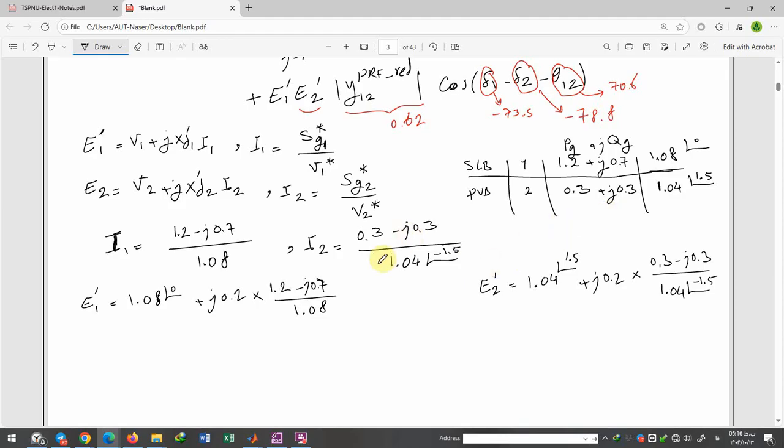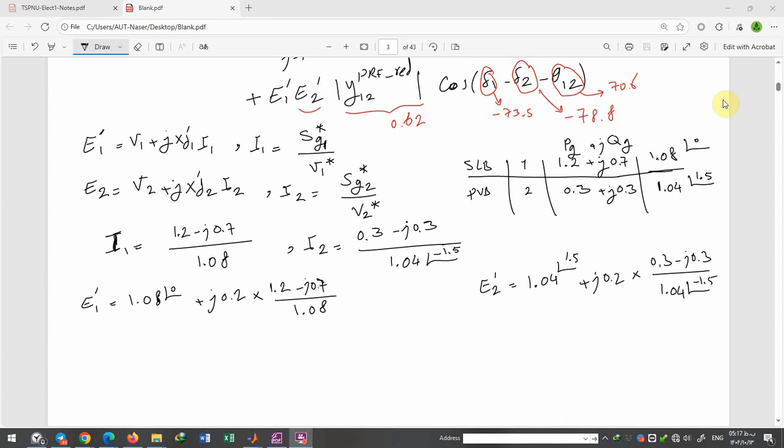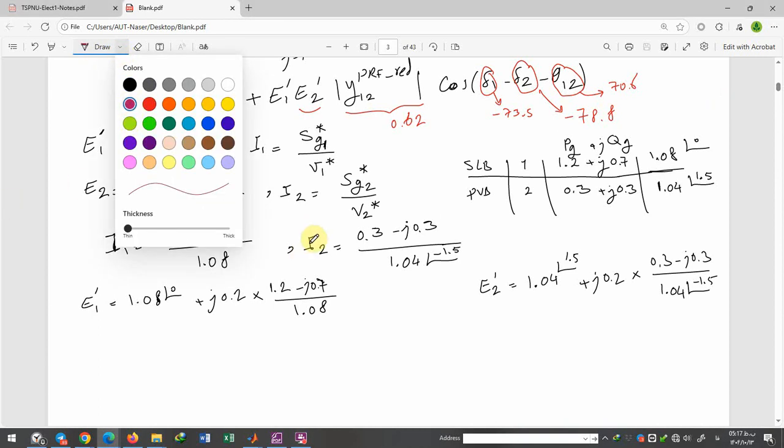I want to find the final value of E1 prime and E2 prime. Please calculate these equations with your own calculator yourself. It is very important for the final exam.